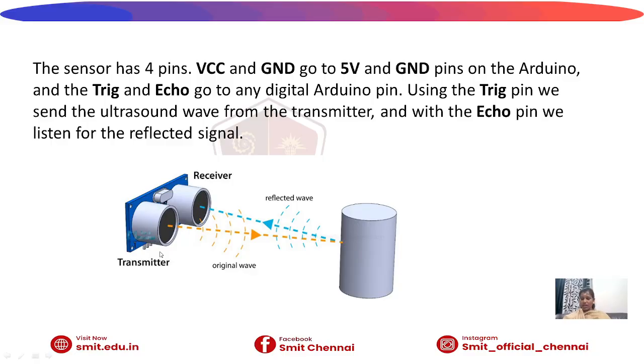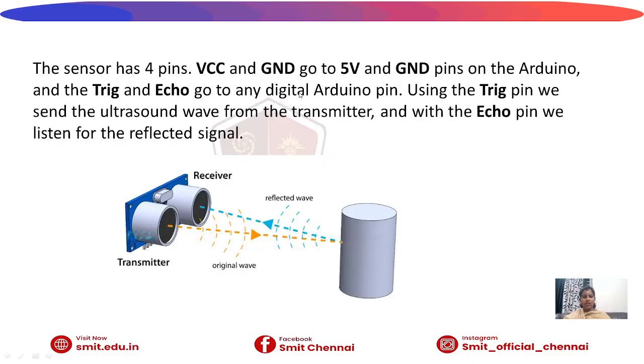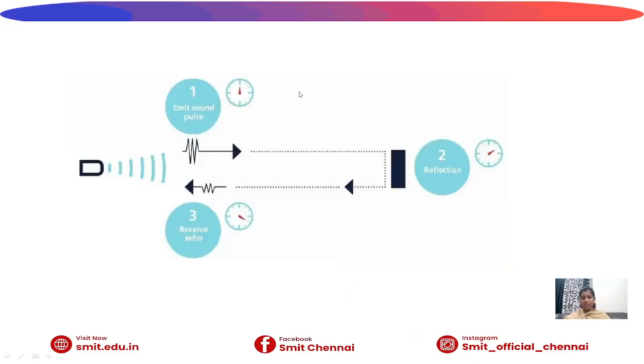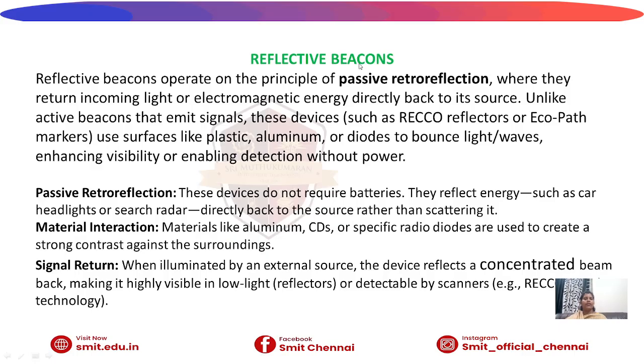One is a transmitter and another one is a receiver. This is the object. This is the ultrasonic ranging sensor, which is used to sense by measuring the distance.